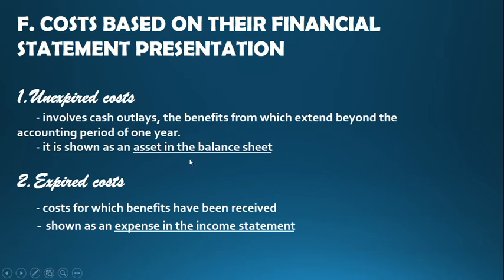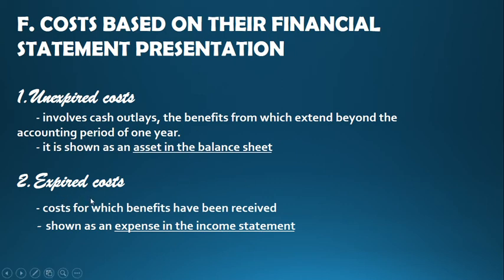Pero yun ang example natin sa first video, yung from balance sheet or statement of financial position, si inventory ay asset until yung nabenta na siya, pumapasok na siya sa cost of goods sold as an expense.